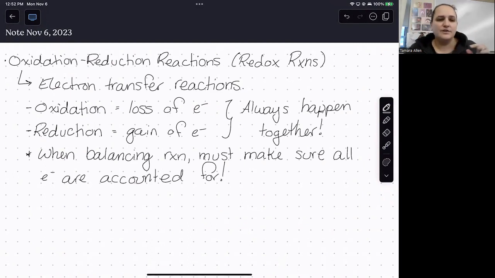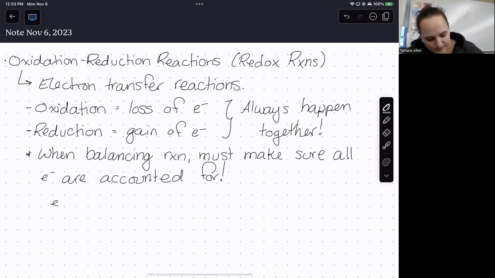In reactions that are not redox reactions, we don't even need to think about that because it happens by itself. If all of your electrons are moving with the atom they started with, when you balance your reaction just by counting how many of each type of atom there are, the electrons are going to balance themselves. You don't need to think about it separately. But for reactions that are redox reactions, that's not always going to be the case.